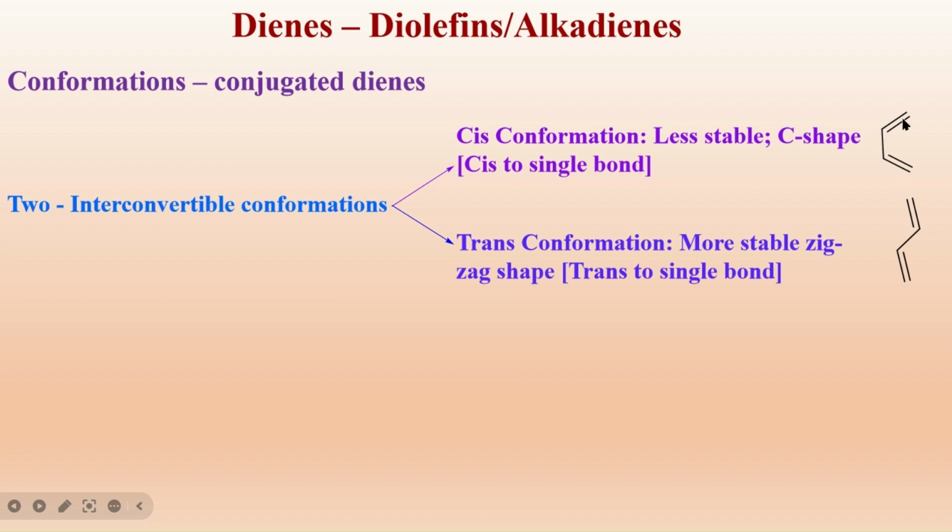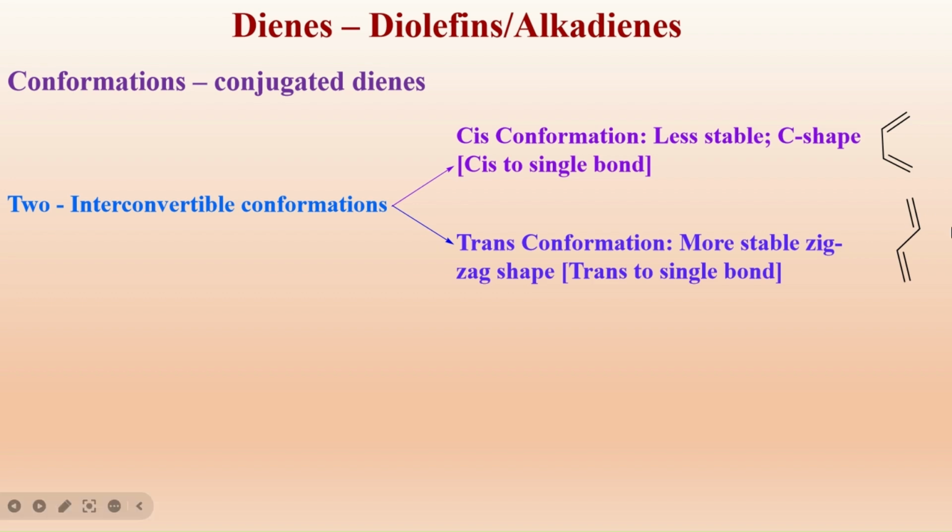When they come in the same plane, that is, the torsion angle is 0 degrees, it is said to be in cis conformation. Here this double bond is in one plane and this double bond is in the opposite plane. This occurs because of rotation across this carbon-carbon single bond. Hence, it is said to be in trans conformation.